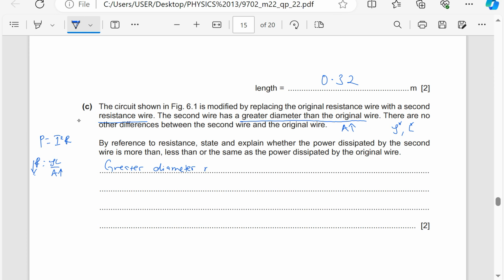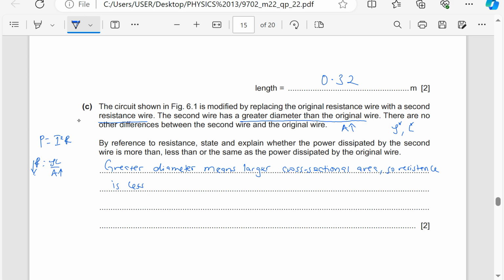Greater diameter means larger cross-sectional area, which means the resistance is less.